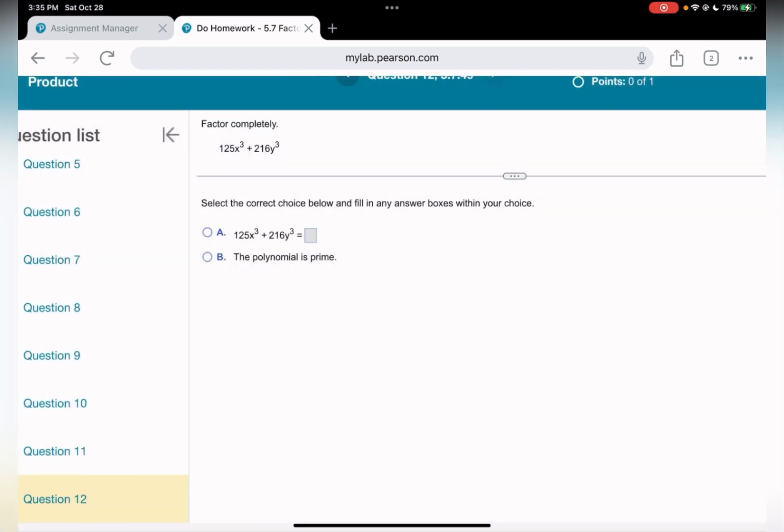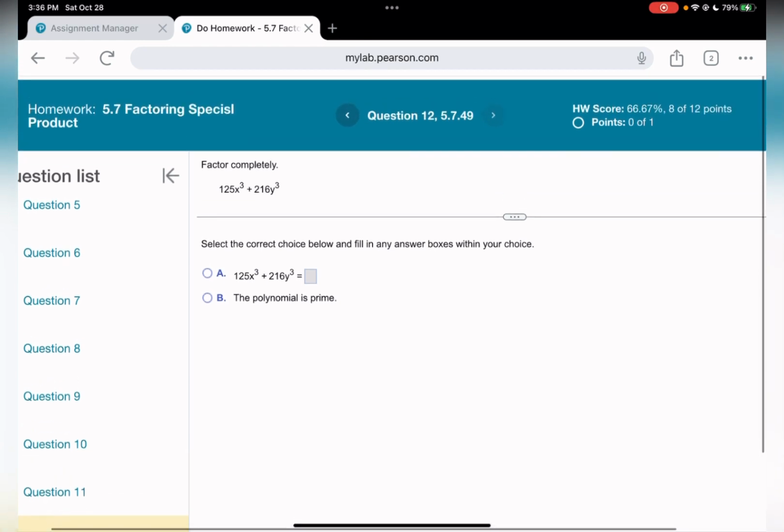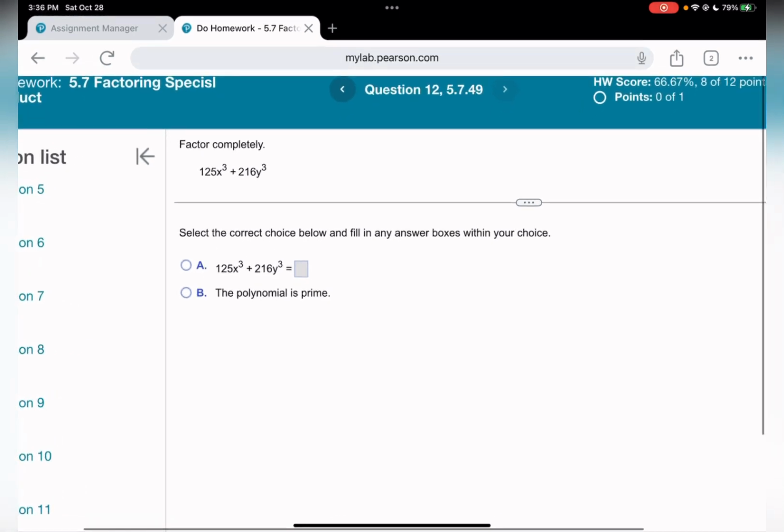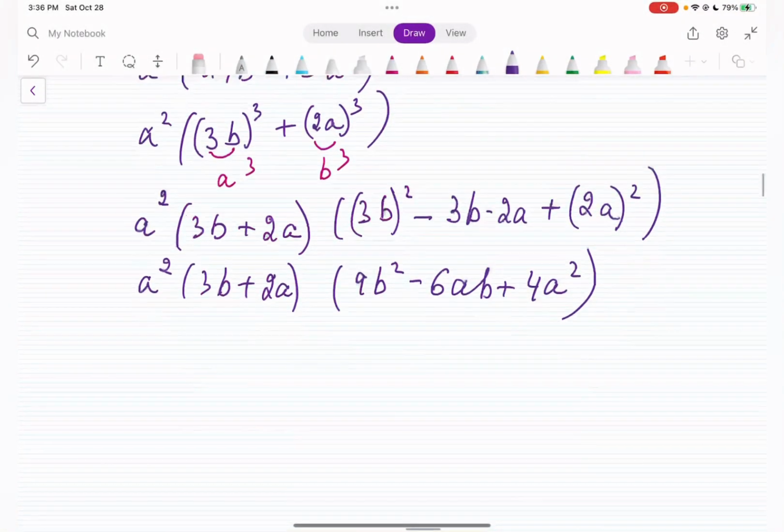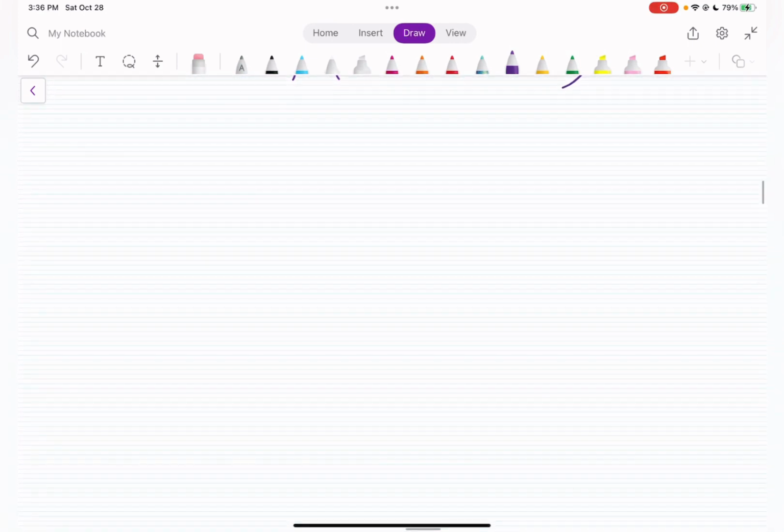And the last one, 12. This is also cube and cube, sum of cubes. 125 and 216. Okay. 125 plus 216 y cubed.